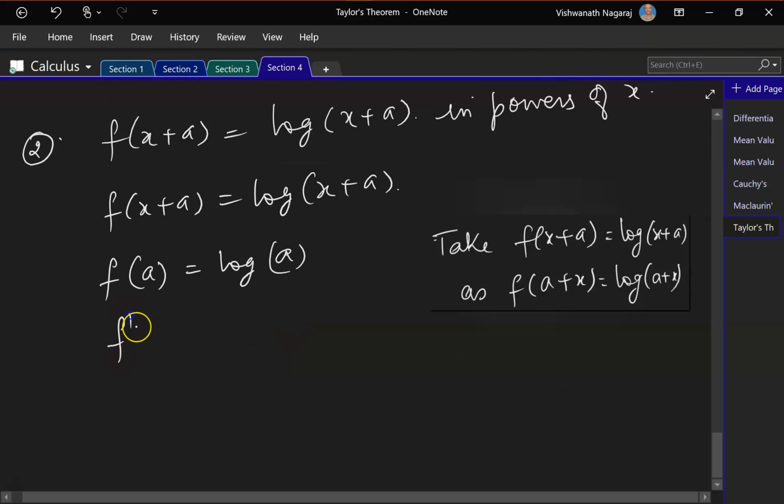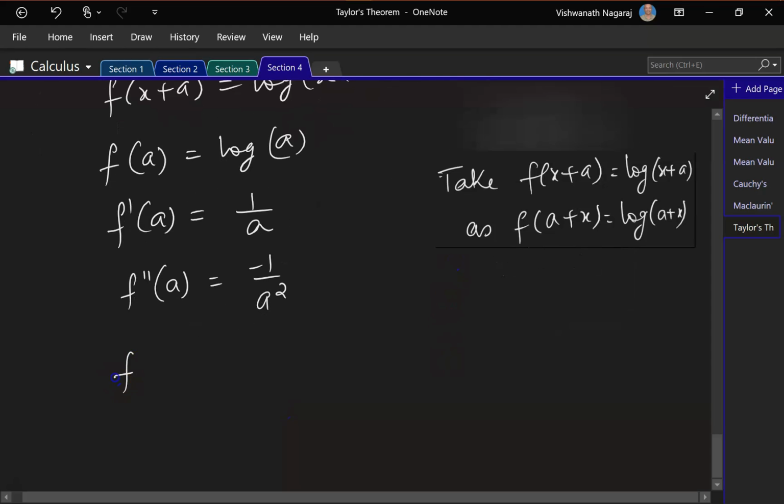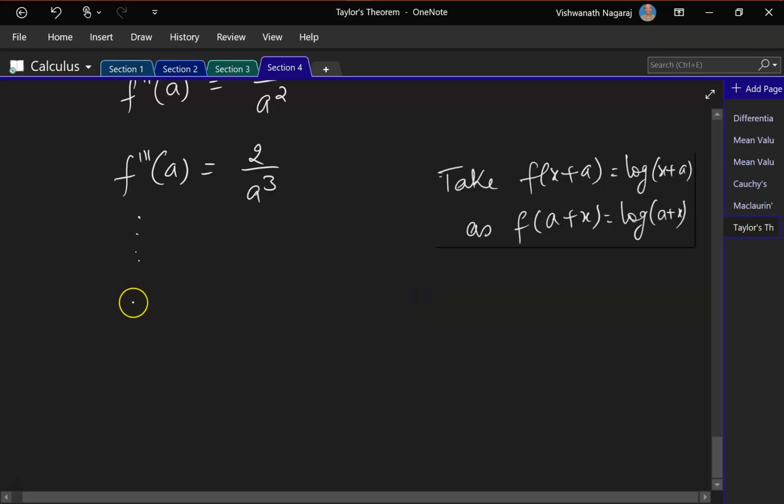So f prime of a is 1 by a. The second derivative is minus 1 by a square. The third derivative is 2 by a cube, and so on.